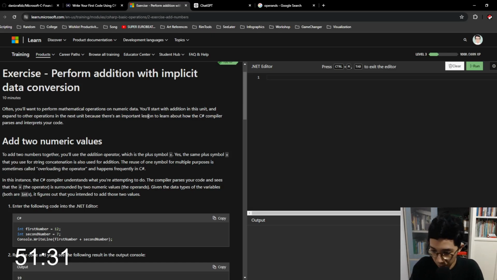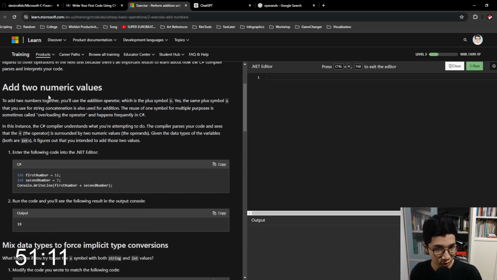Everyone starts from addition, the easiest operator that you learned in elementary school. Of course, you learned addition before anything else. That's the easiest one.